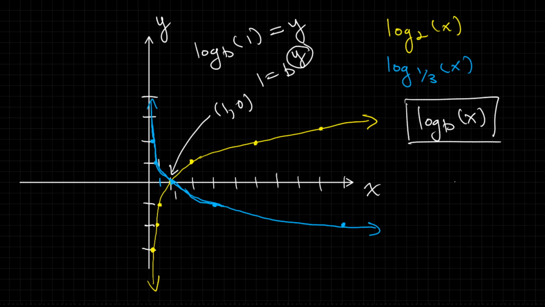Now, another way of explaining the fact that all of the logarithm functions go through the point 1, 0 is remembering that logarithms are inverses of exponential functions. So, let's use a concrete example for b. Log base 2 of x is the inverse of 2 to the x. And remember, to graph the inverse, we just switch all of the coordinate pairs on the graph of the original function.